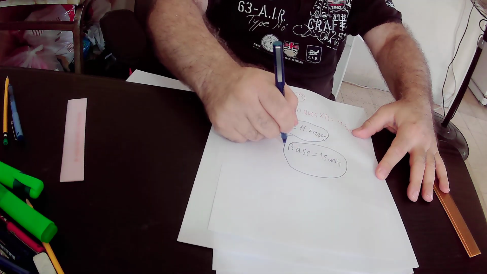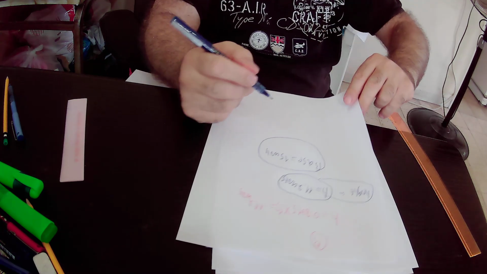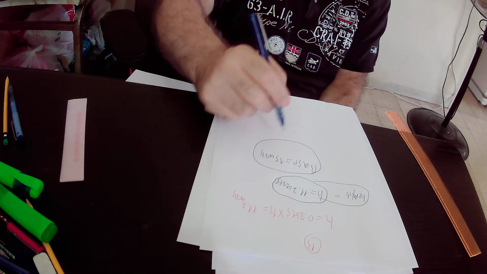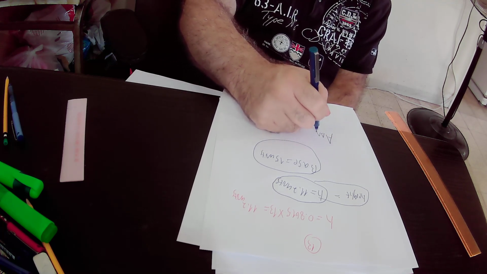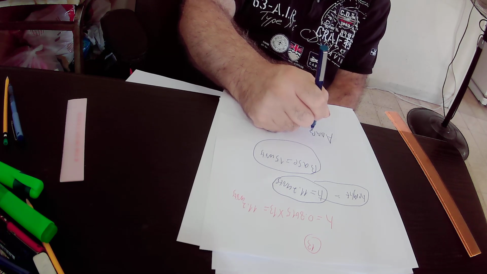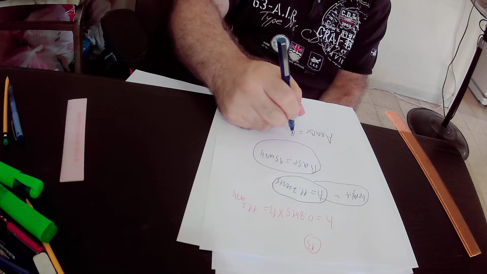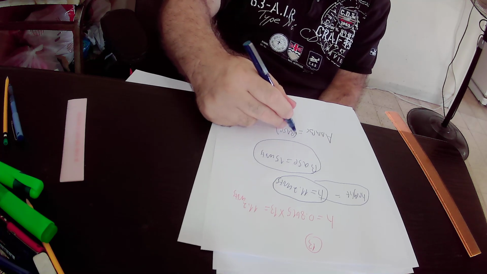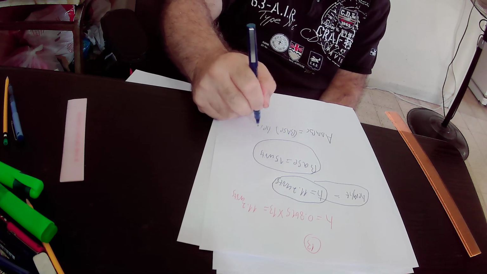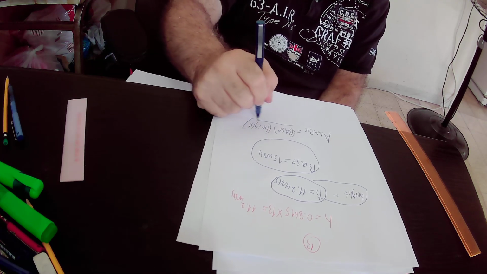And we know that the area of any triangle equals the base times the height to the base over 2. So the area of triangle ABC, and in general of any triangle, equals the base of the triangle times the height to the base over 2.